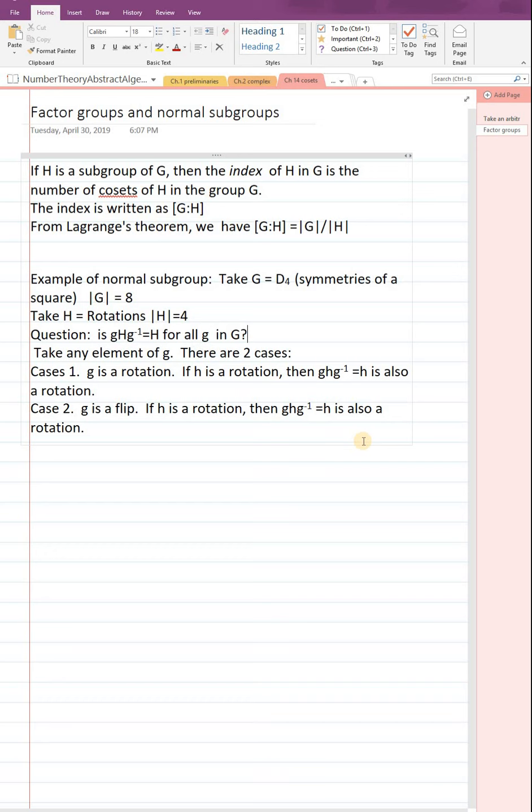So flip this way, and then rotate, and then flip this way. What's the net result? The orientation changes. We started here, and we ended up here. So 270 degrees counterclockwise.